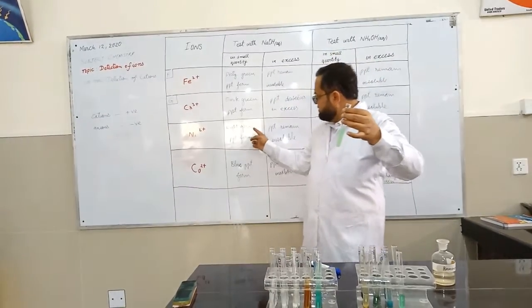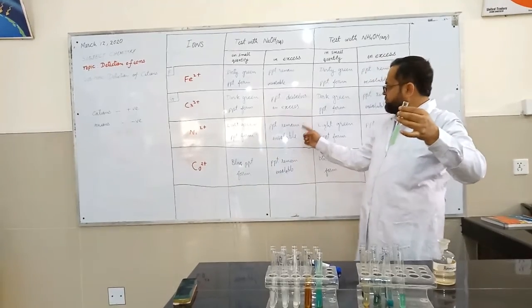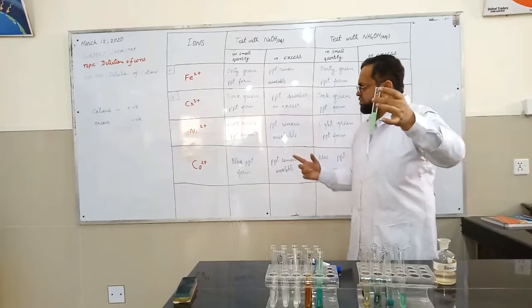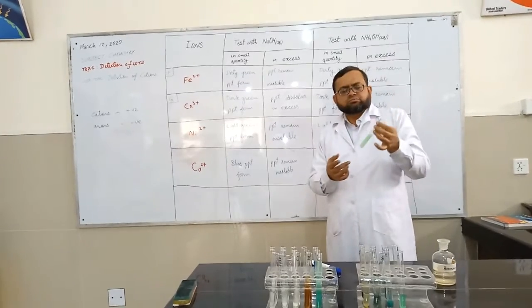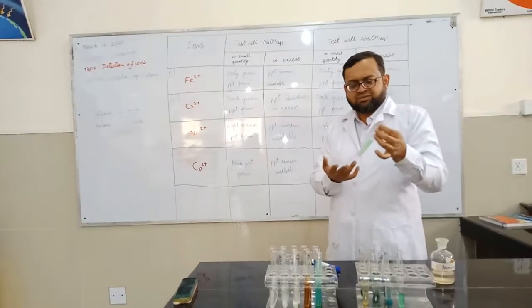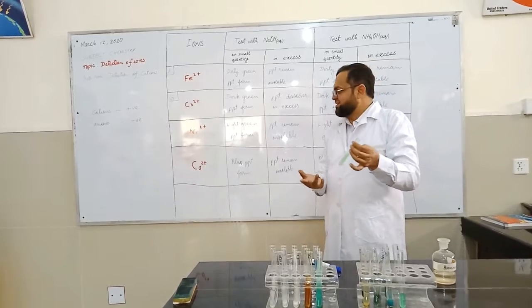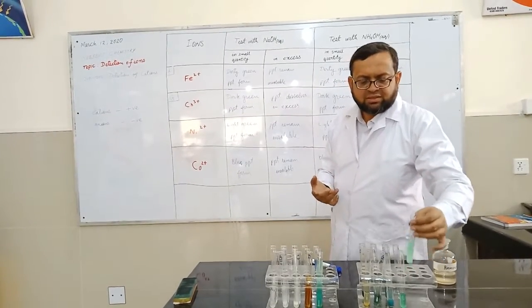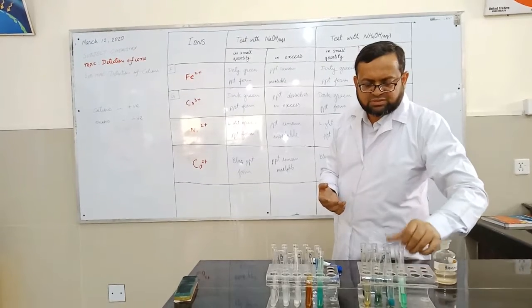Just like this, light green precipitate forms and remains insoluble. Sometimes some authors write it as apple green. I don't know whether an apple is of this color or not, but in some books it is written that these are apple green precipitates.